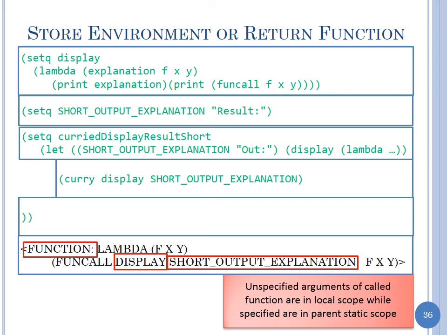But a consequence of this is that they are not in the same scope, and the curried arguments are in the parent scope. Okay, now they are in the environment, so you'll find them eventually, but some are in the local scope, some are in the parent scope.